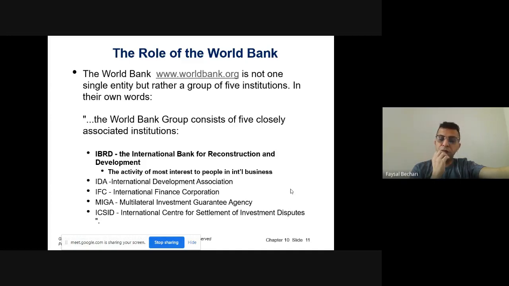We have MIGA, which is the Multilateral Investment Guarantee Agency. And we have ICSID, which is the International Centre for Settlement of Investment Disputes. Each one has different roles and responsibilities to cover. If you have free time, you might go into each one and see how they work.